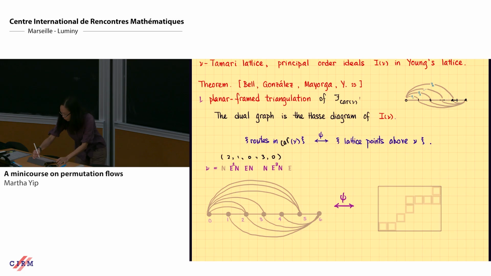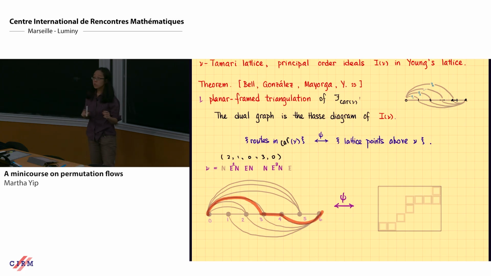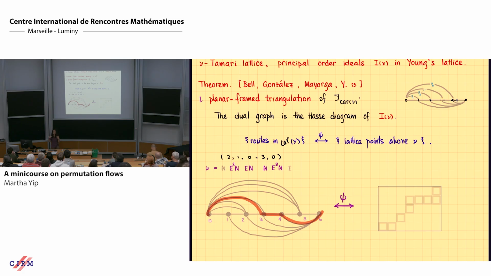Right, and I claim that if you just look at any route, for example, I'm just going to pick a random one, that corresponds to a lattice point that lies weakly above this picture. Right, and the key to doing that is to encode these regions in the following way.